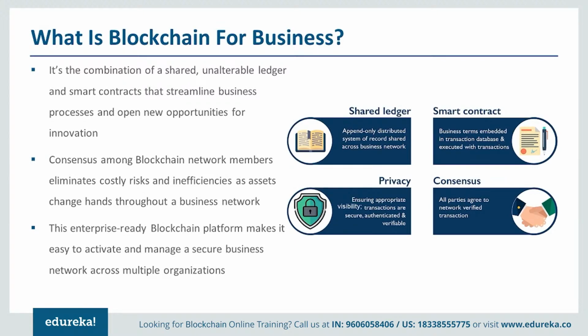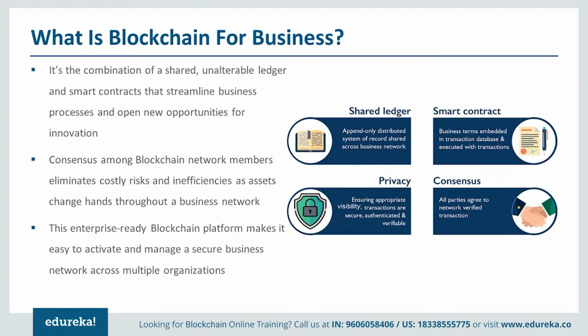Although you can keep a database of all the information, it should only be visible to the person who is authorized to see and use it. So the notion of privacy is really important. And because of this privacy concept, we have multiple channels and private data collections, etc. in Hyperledger Fabric. And then you have this notion of consensus where all parties need to agree.